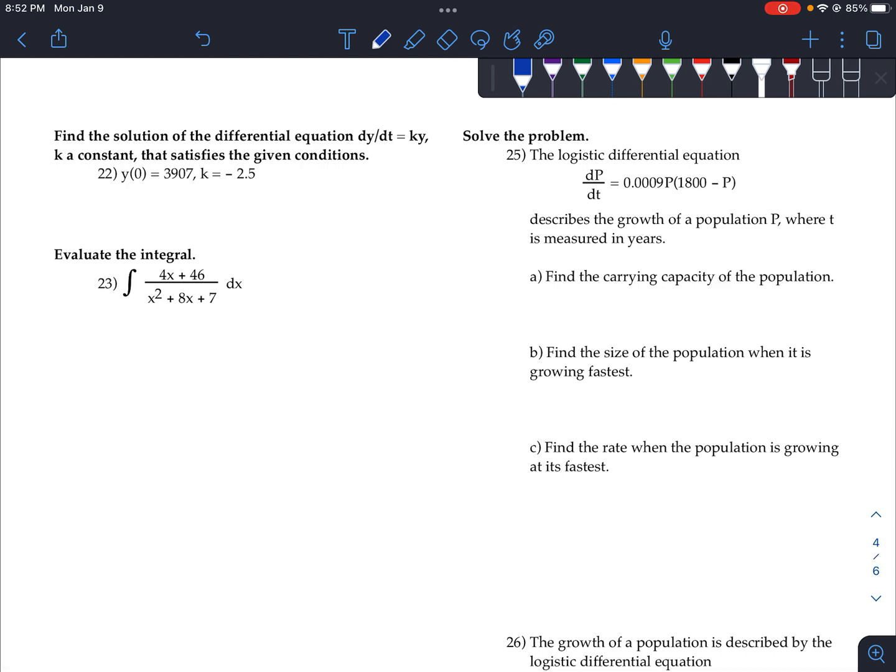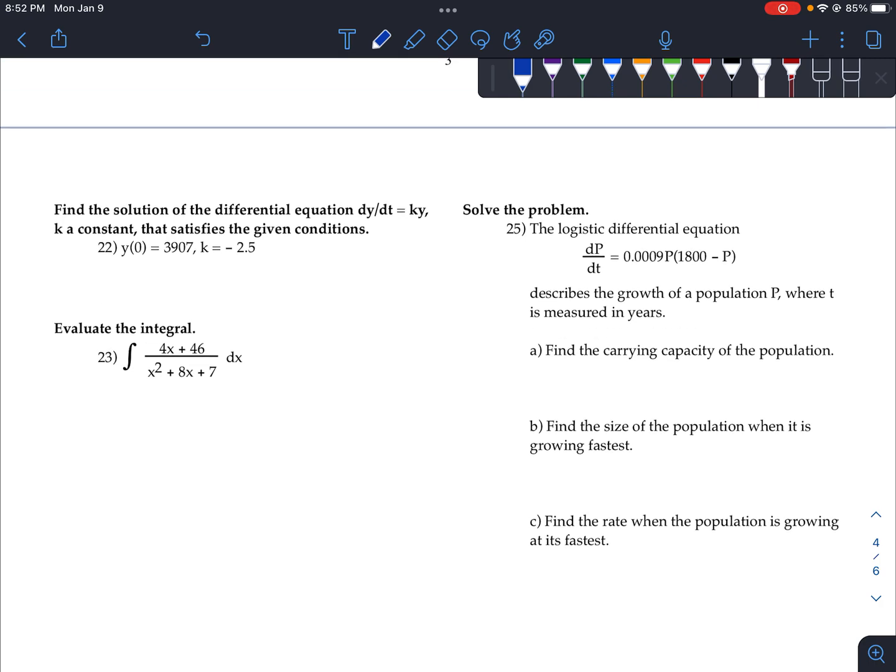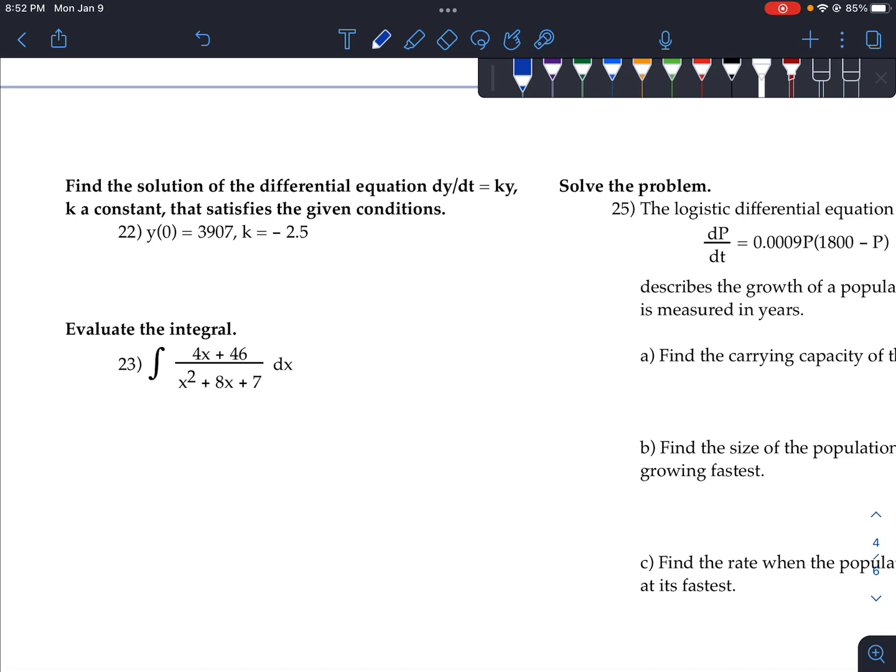Moving along, find the solution to the differential equation dy/dt is equal to kt. K is a constant that satisfies the given conditions. So remember, if this is your differential equation, the solution is the exponential, y equals y0 e to the kt.